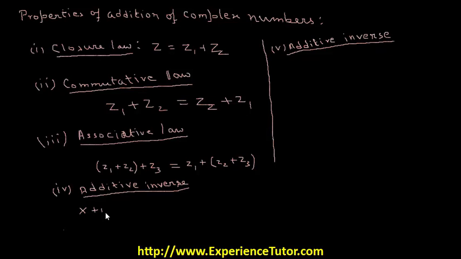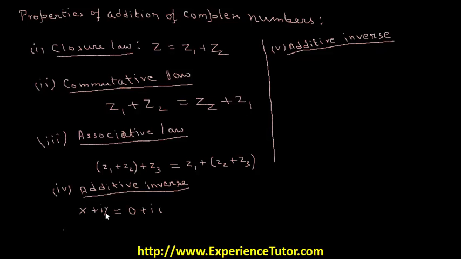Now the fifth one, additive inverse. For every complex number z equal to a plus ib, we have a complex number minus a plus i (minus b) denoted as minus z called additive inverse or negative of z.